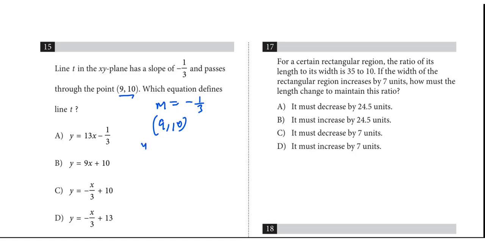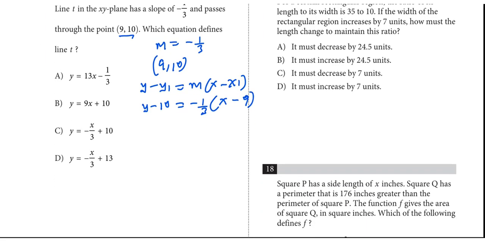Using the point-slope form, y minus y1 is equal to m times (x minus x1), we can simply plug in this slope and the point. So this will become y minus 10 is equal to negative 1 over 3 times (x minus 9).